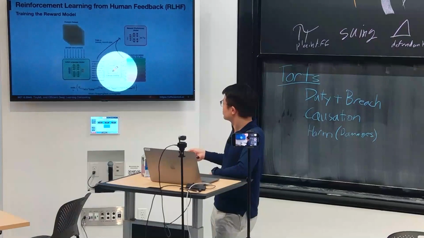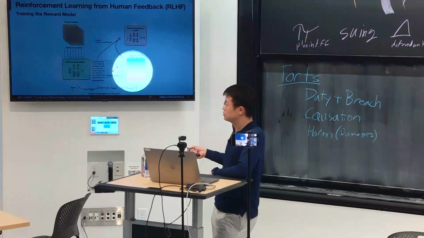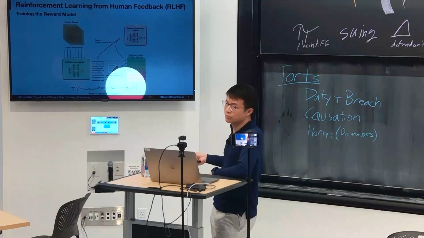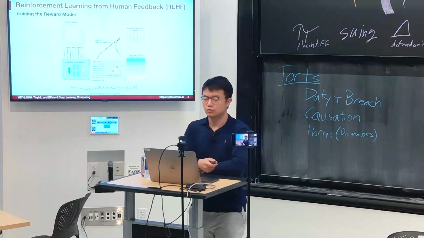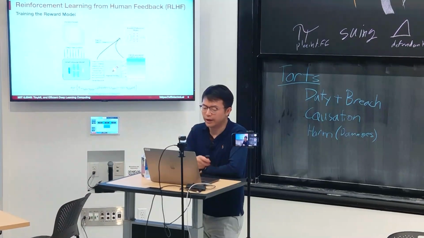When defining the loss function, we make sure that when we pick two samples, the winning sample's output score is as high as possible compared with the losing one. Every time we pick two samples, we make sure the winner wins over the loser by as large a margin as possible.